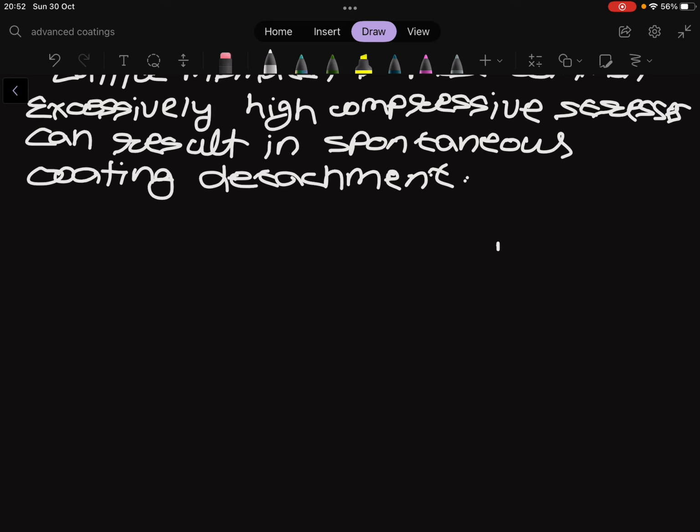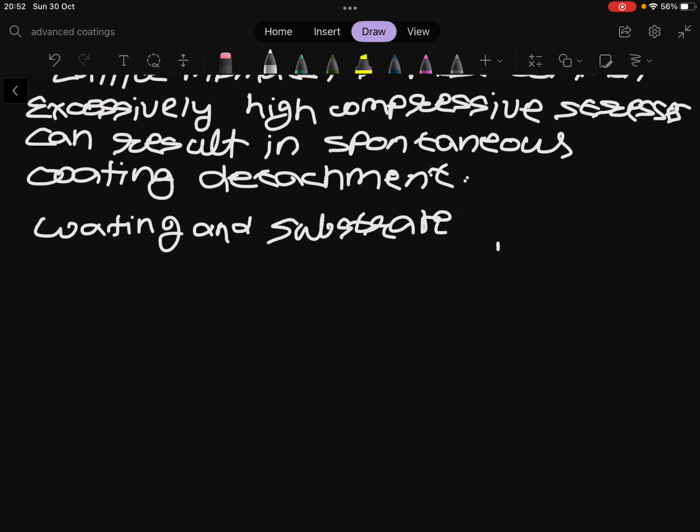So we can say that the coating and the substrate have different thermal expansion coefficients.